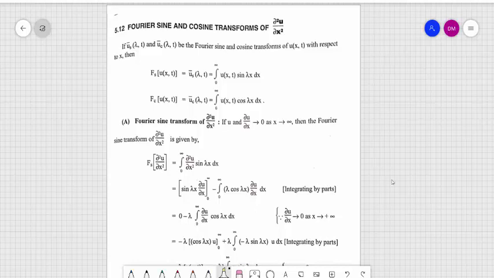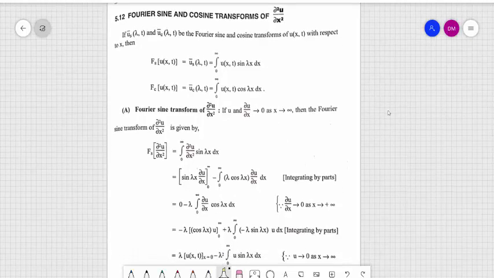So first of all, we should know the language, we should give the notation. Let ū_s denote the Fourier sine transform of u, and ū_c denote the Fourier cosine transform of u with respect to x, and it can be defined by the table. No need to take extra effort to remember this formula.